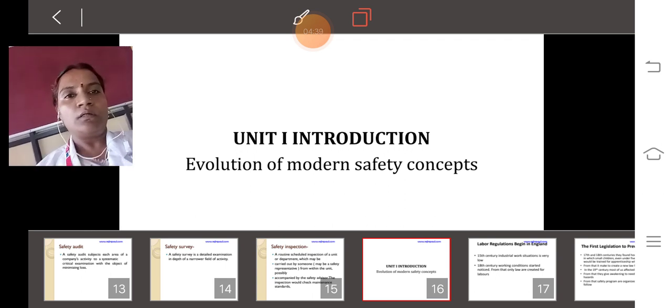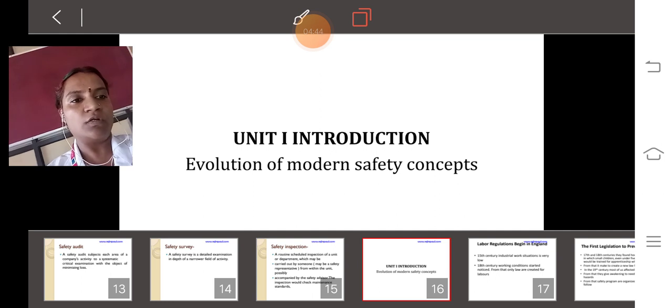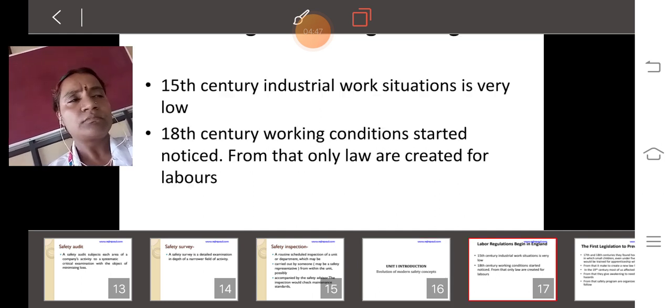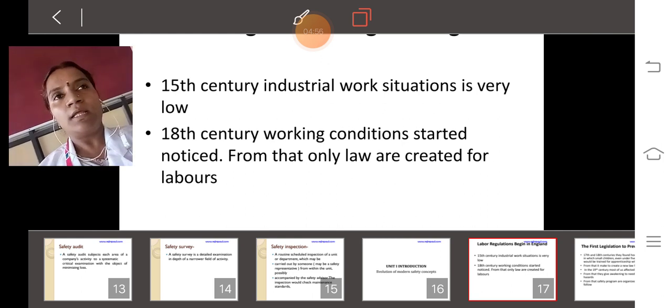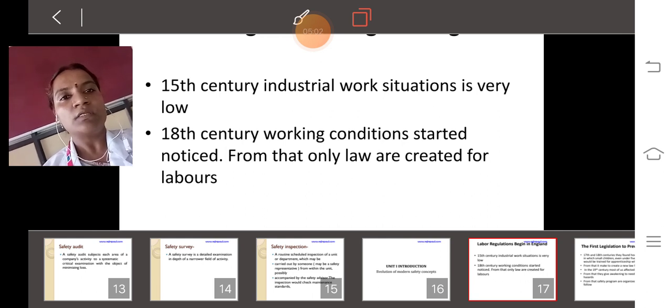Now we are moving to the first unit, evolution of modern safety concept. In olden days in the industrial atmosphere we met many losses, and the employee and employer did not have knowledge of many safety regulations and rules.